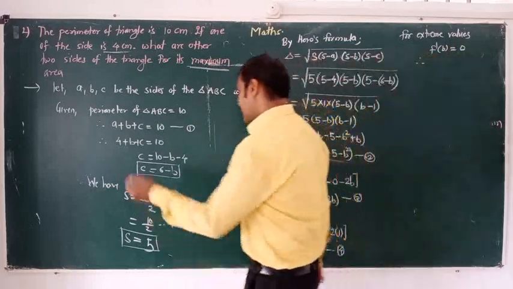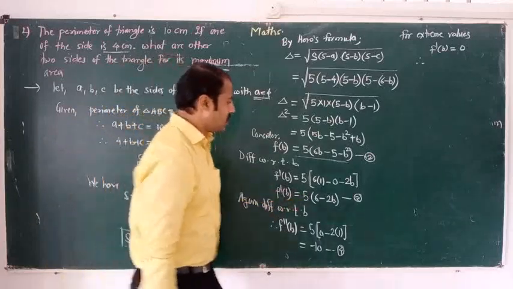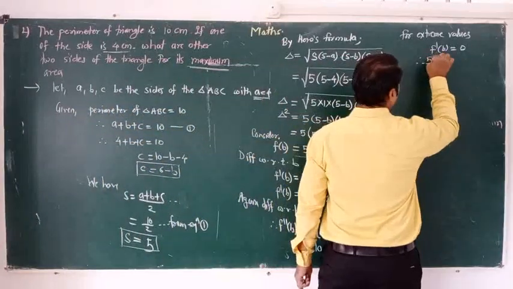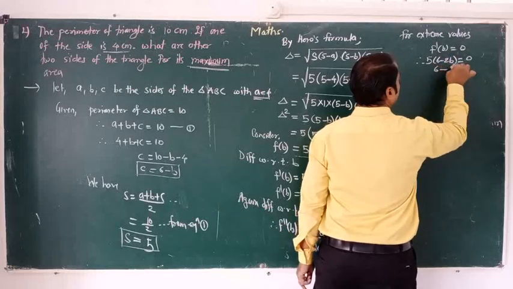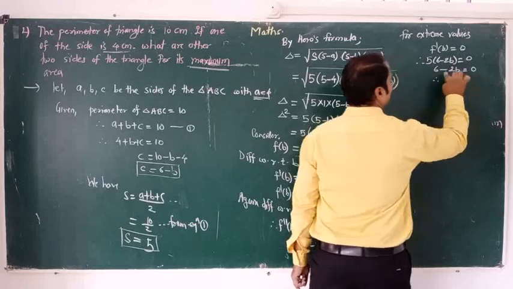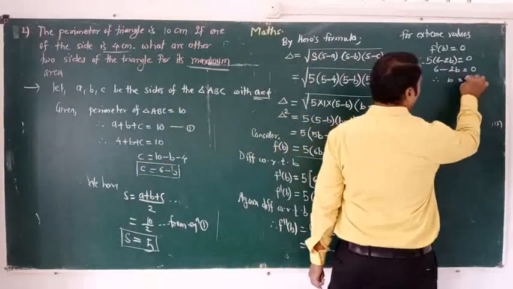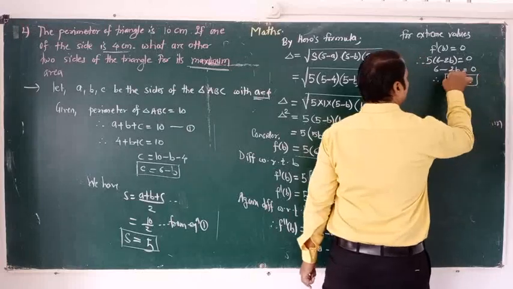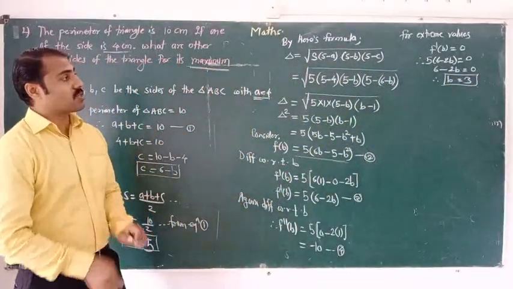Therefore f dash of b, which is 5 into 6 minus 2b, is equal to 0. That is 6 minus 2b is equal to 0, so 2b is equal to 6, and b is equal to 3. We get one solution of this equation: b is equal to 3.